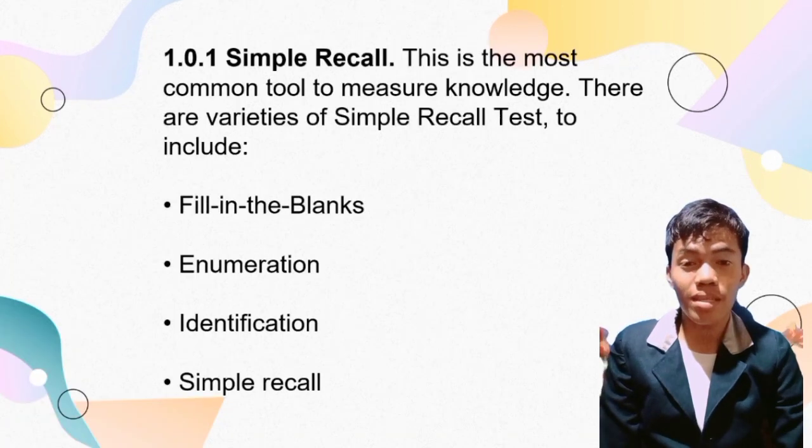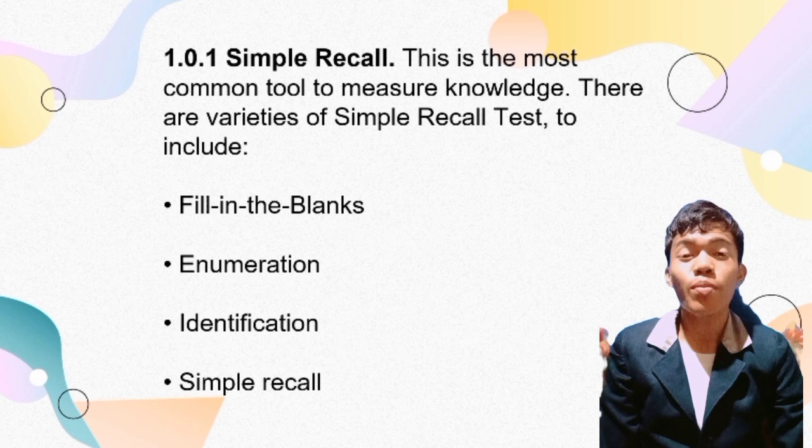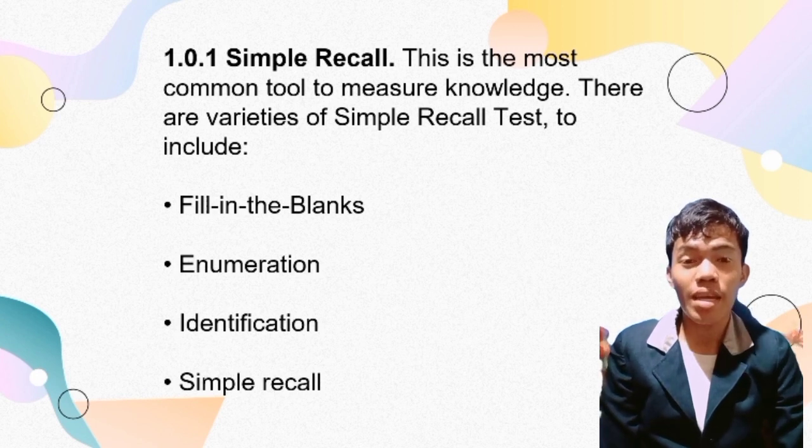Simple recall tests are commonly used to measure knowledge. They come in various forms, including fill in the blanks, enumeration, identification, and simple recall itself. First is fill in the blanks. Students are required to complete sentences or passages by filling in the missing information. Next is enumeration.